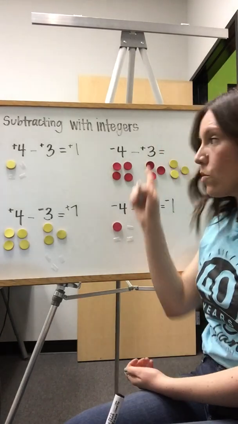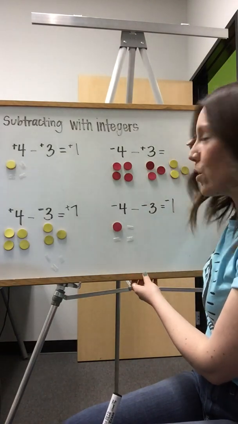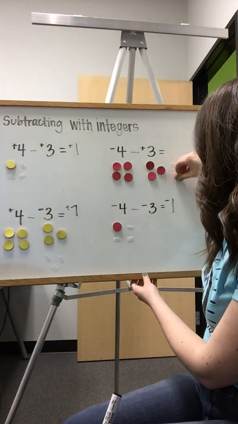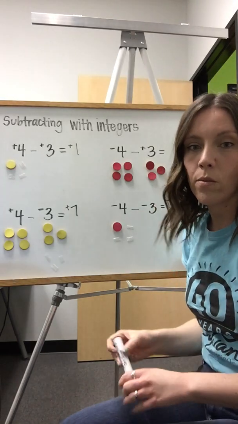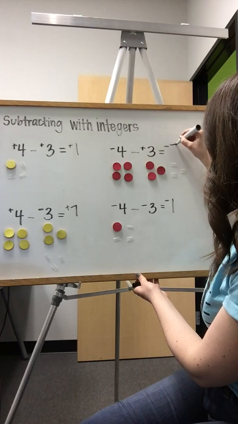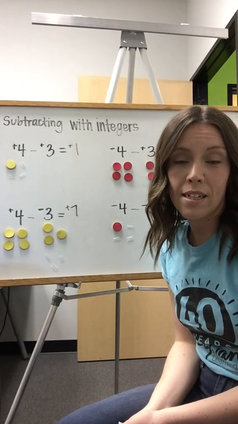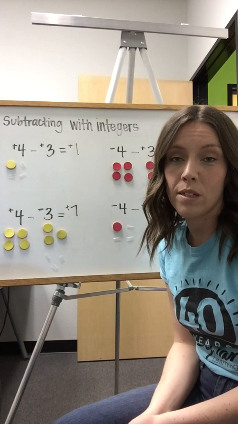So now, in order to take away a positive 3, I'll take away those 3 yellow circles, which leaves me with 7 red circles, or negative 7. So that was one way to illustrate how to subtract with integers.